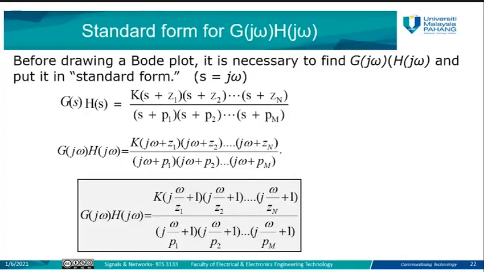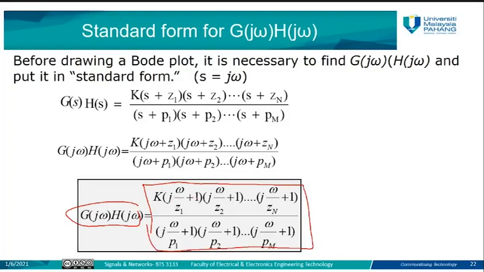There is a standard form for the transfer function, and you need to convert the given transfer function into that form. So this is what we call the standard form. I'm not talking about this part; I'm talking about this standard form from here. Whatever transfer function you are given, you need to convert it to such a form.